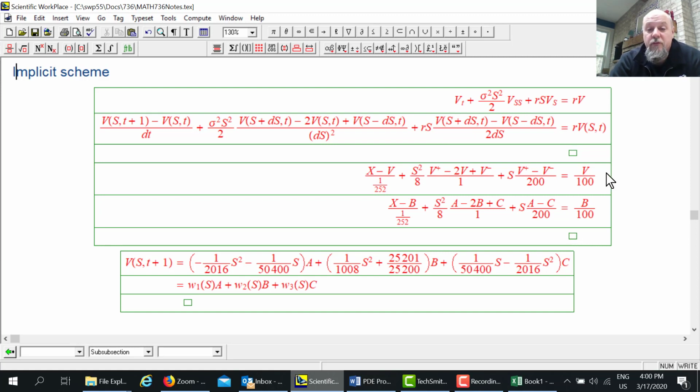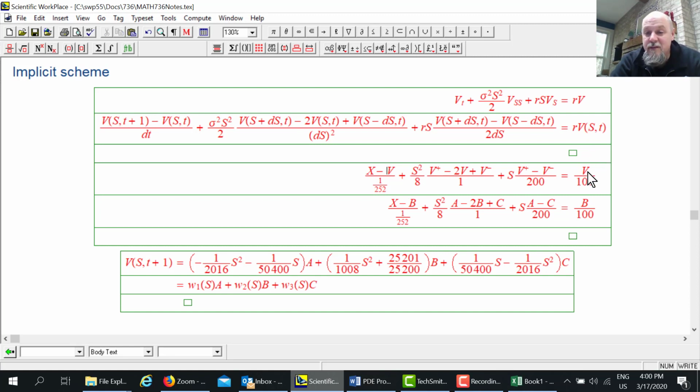What's different about this here is, the known is at time step t plus 1, because we know it at the payoff, and all the other unknowns are one step back.